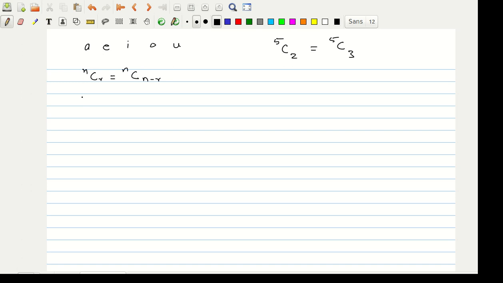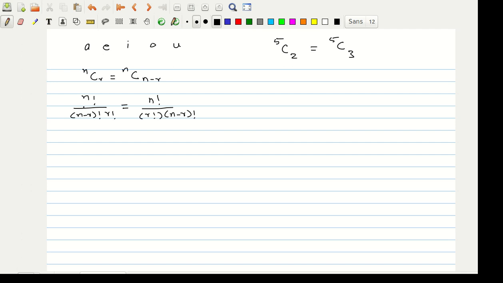What is NCR? NCR is factorial n divided by factorial n minus R, divided by factorial R. And if you do this on the right hand side, this is again factorial n divided by factorial n minus r, times factorial r, and you get the same thing, right?